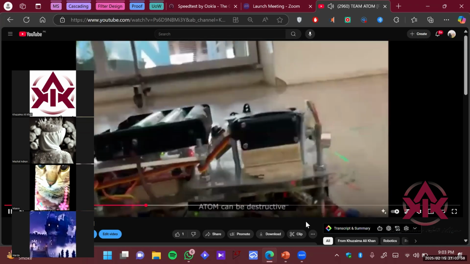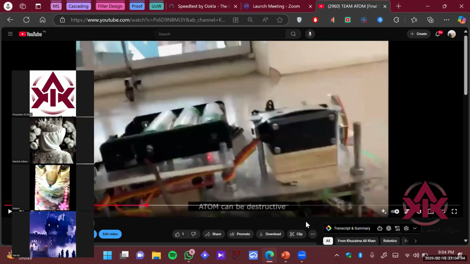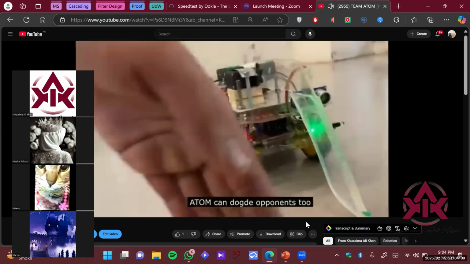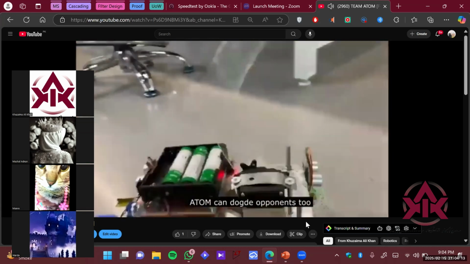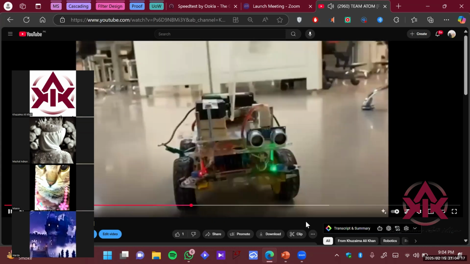It was sort of a fighting mechanism. We had fighting tools, we had defending tools, we had a dodging mechanism. This is the IR sensor over here. If anything is closer, it goes back and flips.